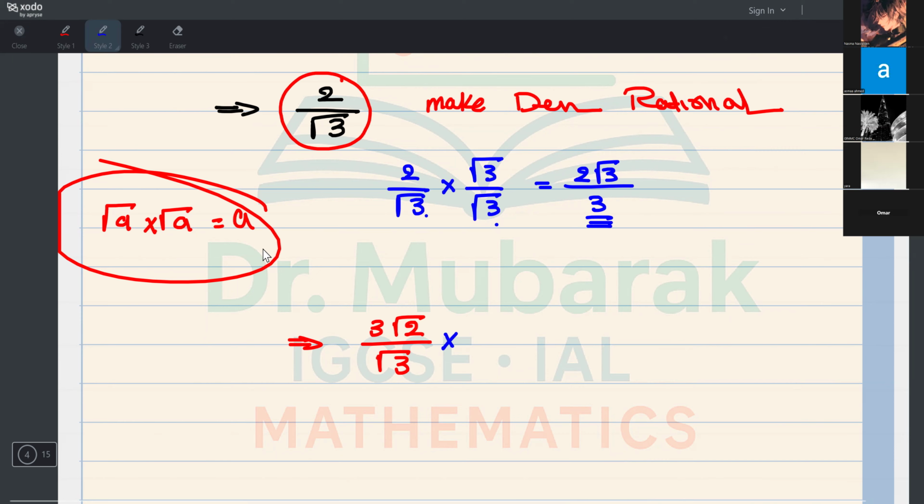Excellent. Multiply up and down by the denominator. So 3 root 2 times root 3 is 3 root 6, over root 3 times root 3, which is 3. Cancel. The final answer is root 6.